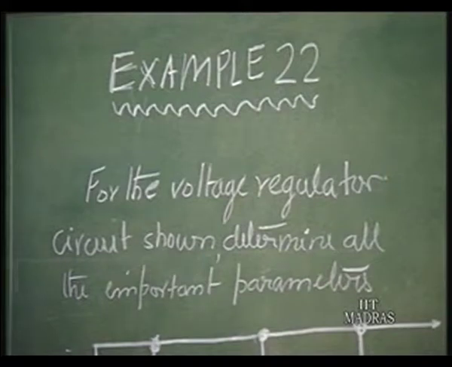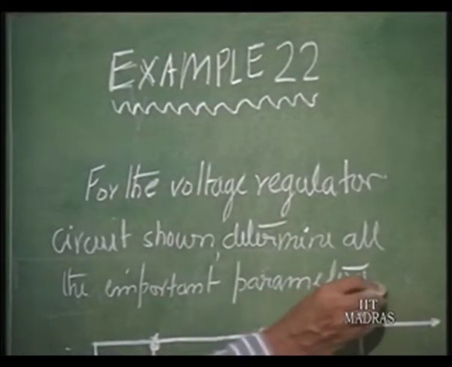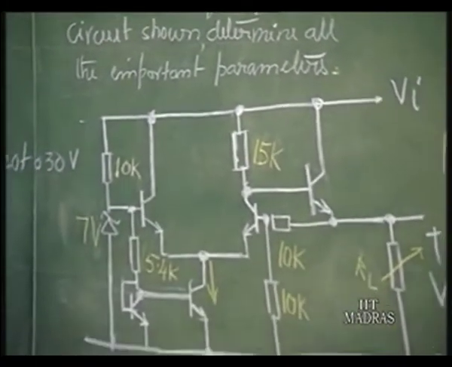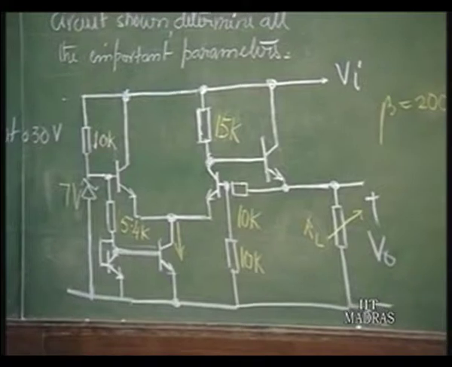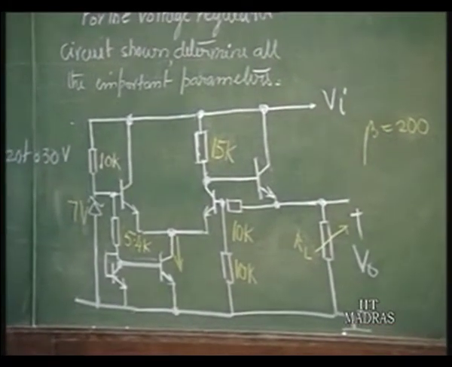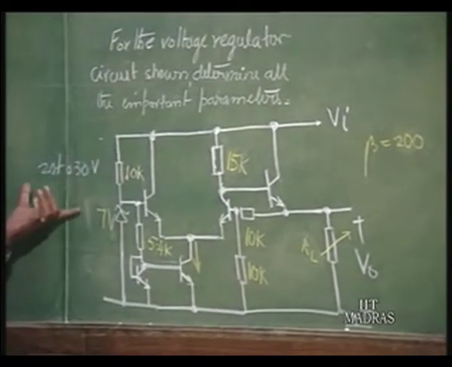So, now consider example 22 for the voltage regulator circuit shown here. Determine all the important parameters which we have already defined earlier. So, this is very illustrative of what exactly happens in a typical voltage regulator circuit. Vi is the applied unregulated voltage which is let us say changing from 20 to 30 volts.